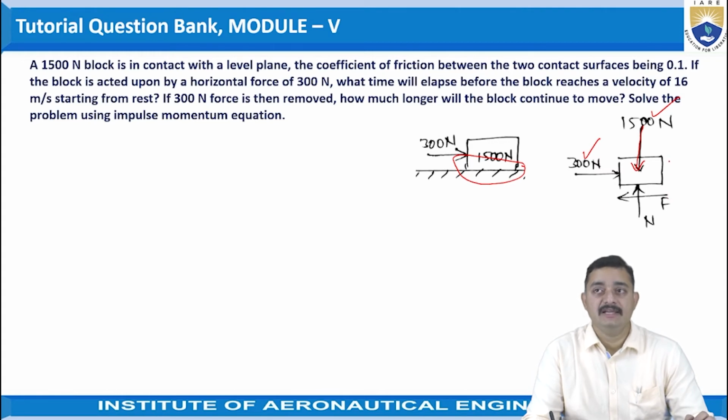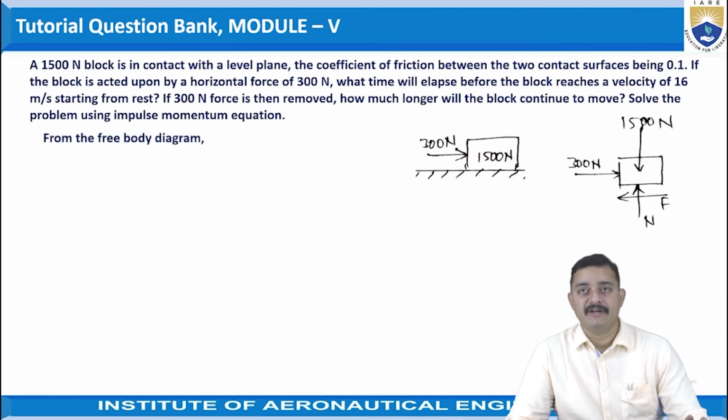We are showing the frictional force acting in the left hand side direction. Why? Because the object is moving in the right hand side direction. Frictional force always acts opposite to the direction of the movement of the object, right? And then N is the normal reaction acting towards the object. So this is the free body diagram of the given system.